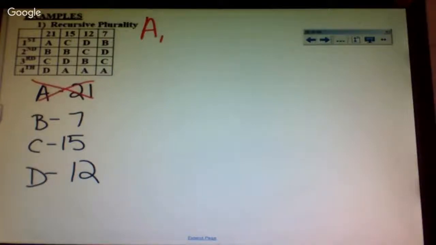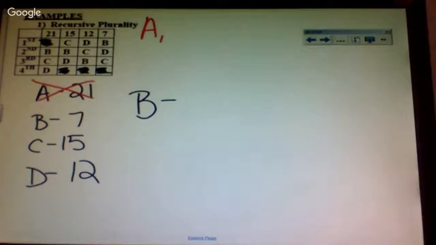At this point, we now get rid of A, and we count all over again. How many first place votes does B have now? 28.